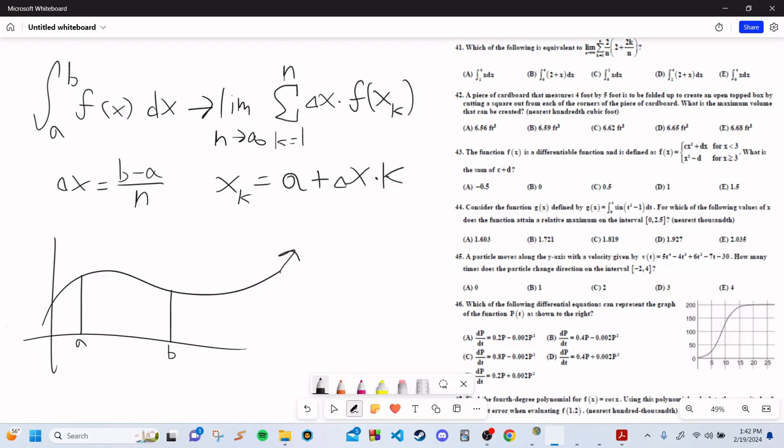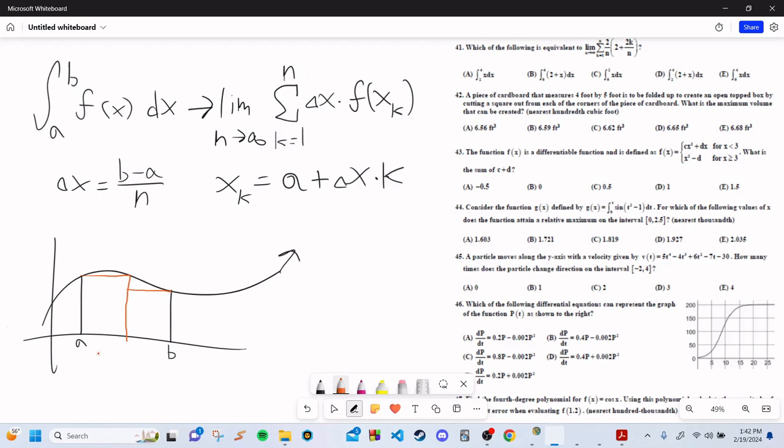If we had one slice, we're approximating this area as one rectangle. So I'll use a different color. So something like this. That would be if n is 1. Now this area would be more precise if we had two rectangles. That'd be n equals 2.